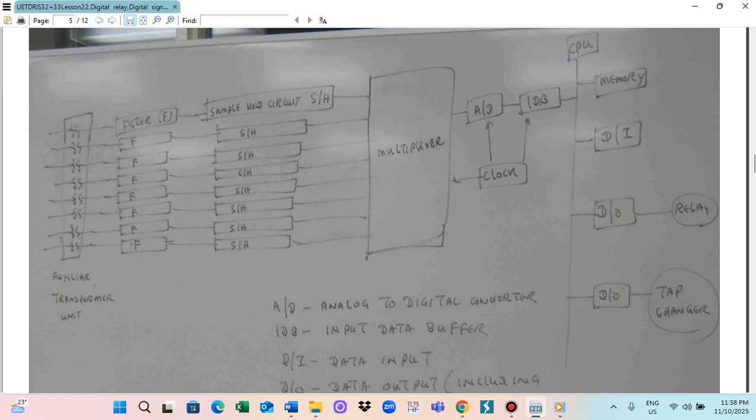So these clocks have instructions for the multiplexer: what time to take the data, what time to cut off the data, what time to change the data from the analog signal, what time the input data buffer is to be active. So these are controlled by the clock.